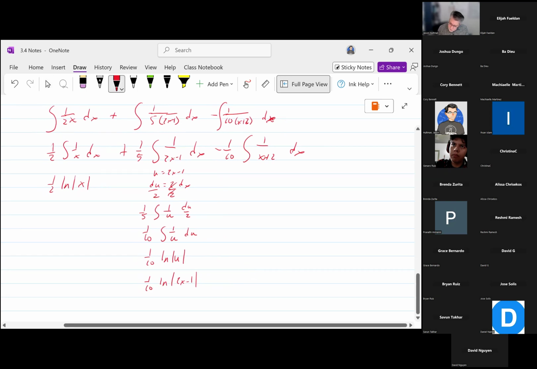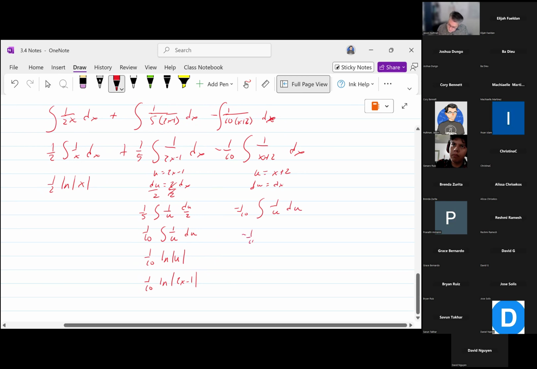And so the other one here, we could do another u sub on. The last one, u is equal to x plus 2. du is equal to dx. Okay, so this just becomes negative 1/10 times the integral of 1 over u du. Pretty simple.